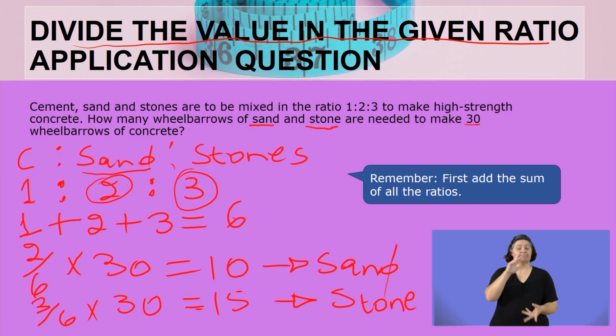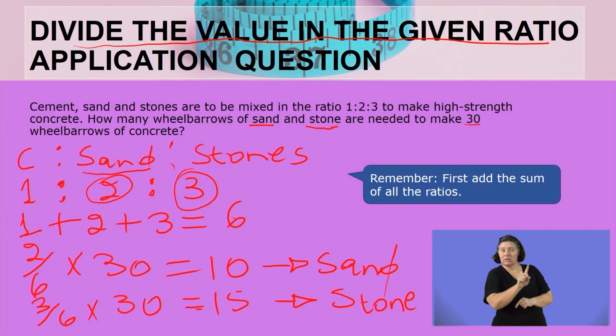So in short, to summarize, to divide the value in a given ratio, remember, number 1, you get the sum of the values in that particular ratio. And from there, you identify the proportion which is given.